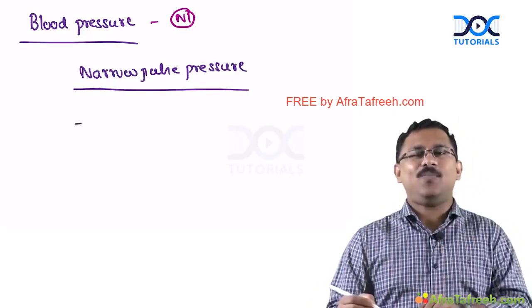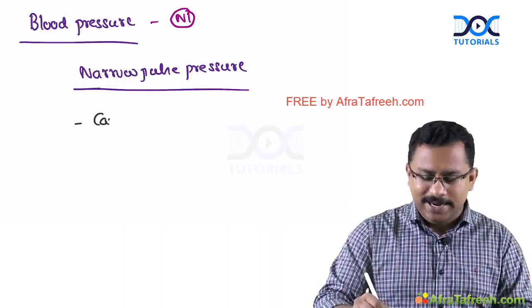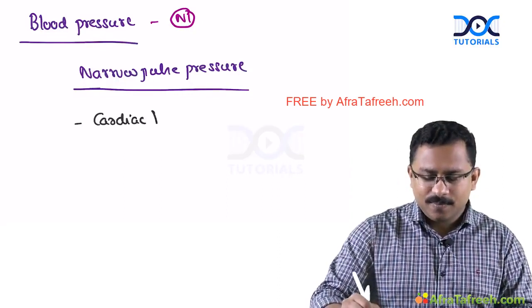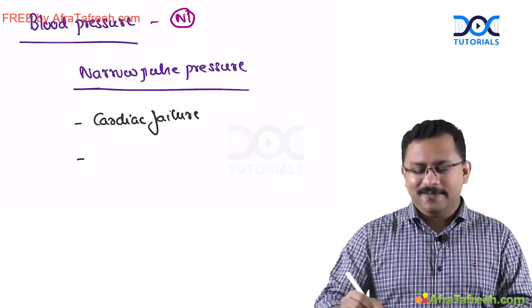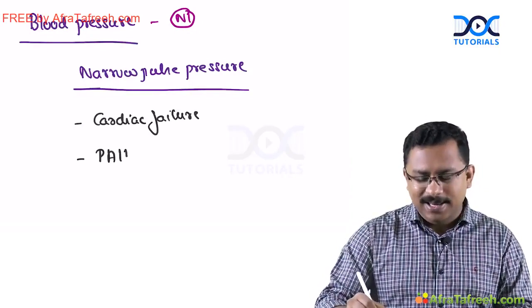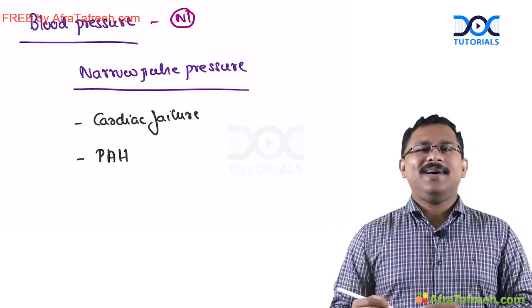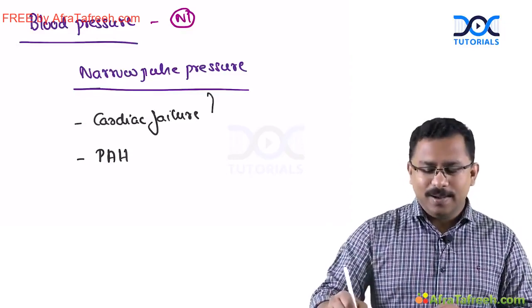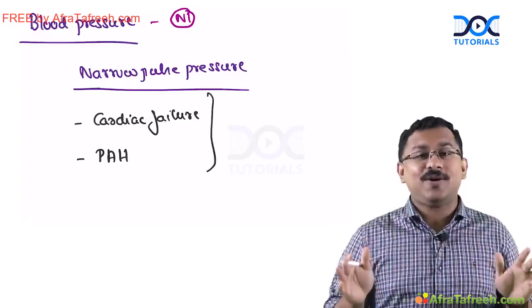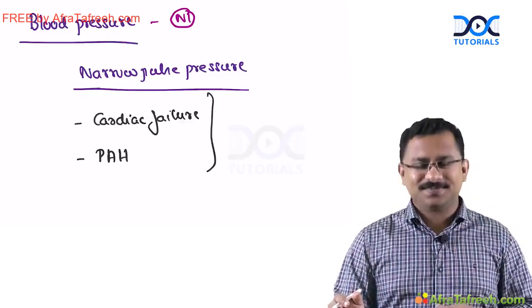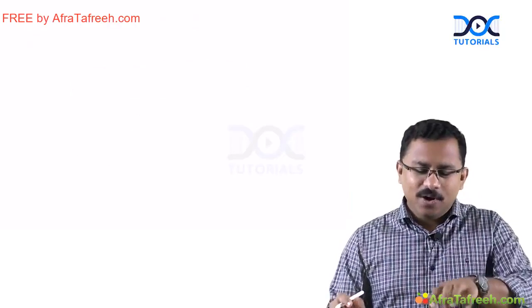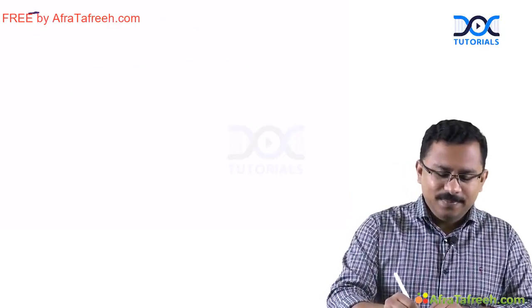One is cardiac failure, where you can have a narrow pulse pressure. When there is pulmonary arterial hypertension, you can also have a narrow pulse pressure. But otherwise, in the majority of individuals, the blood pressure is normal. Clear. Moving on to the JVP.